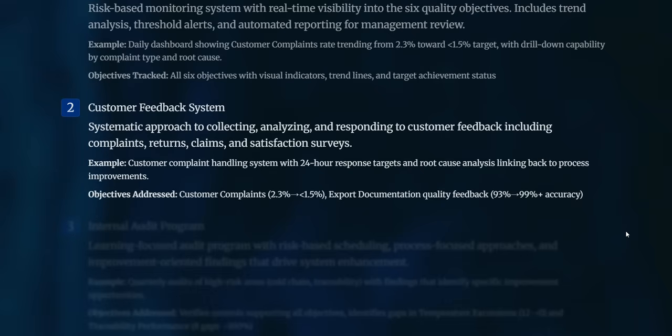Objectives addressed with the customer feedback system include customer complaints reduction and export document quality feedback, improving accuracy.